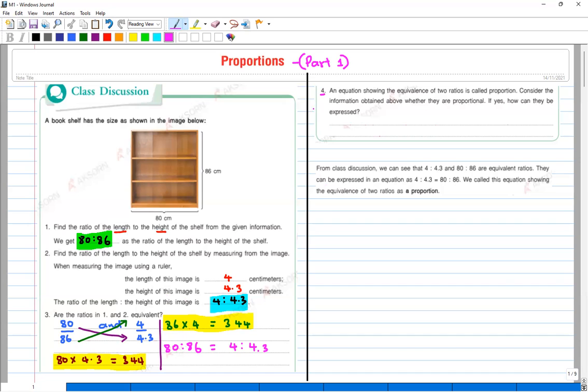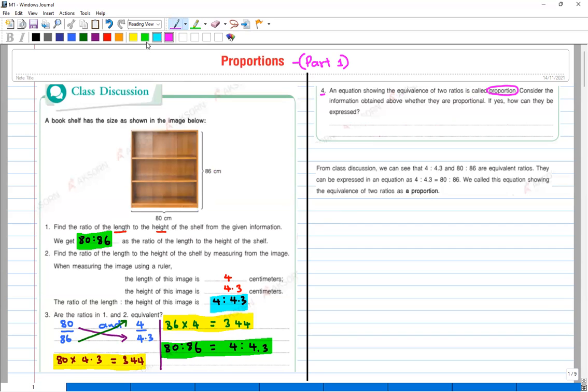Let's look at part 4 of our discussion. An equation showing the equivalence of two ratios is called proportion. Now you understand that if we have an equation like this one that shows that these two ratios are equal, it then means that this is what we call proportion.